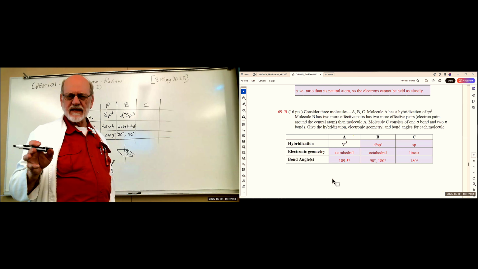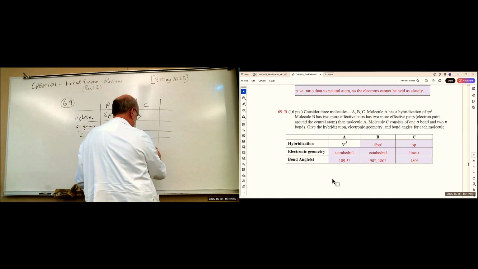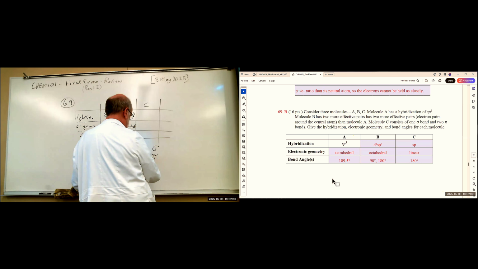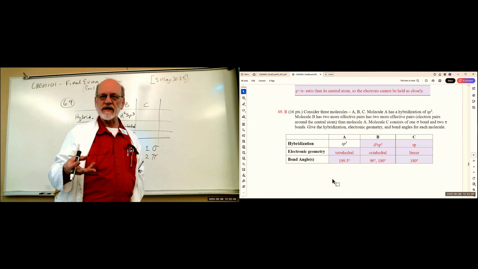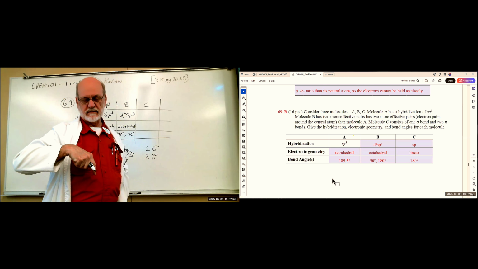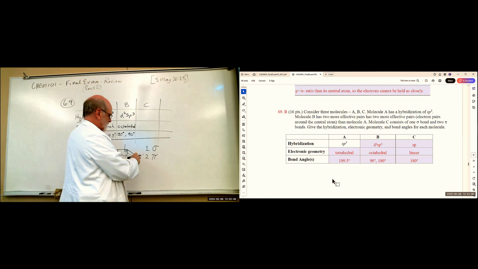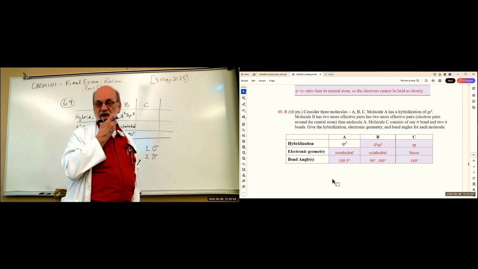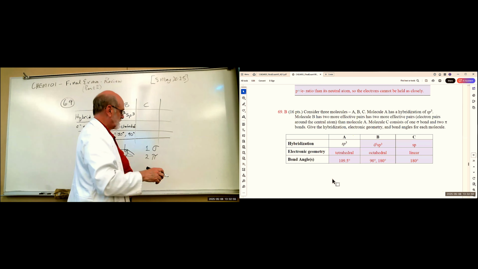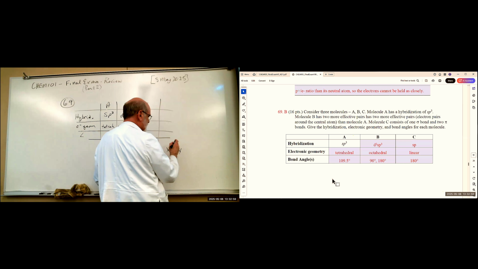And then C says it has 1 sigma and 2 pi's. Remember, we have one of these and 2 of those. The only way you can have a pi bond is if you've already got a sigma. So our molecule has to be bimolecular. Can only have 2 atoms in it. One of the atoms bound to the other one, that's a sigma.